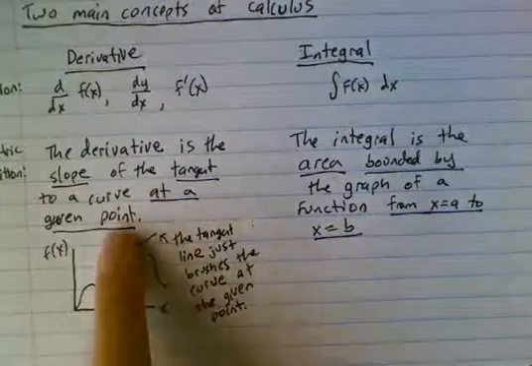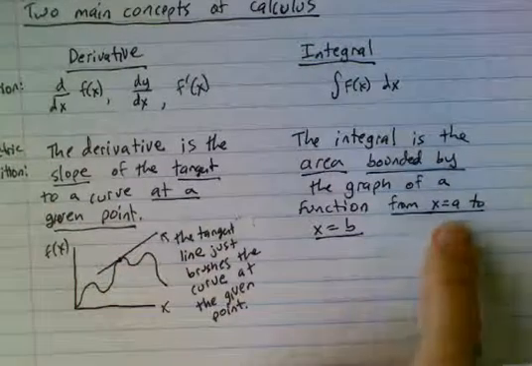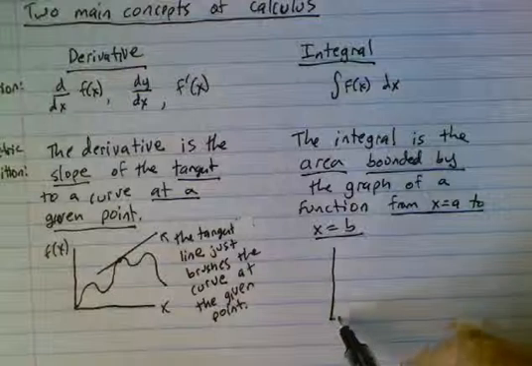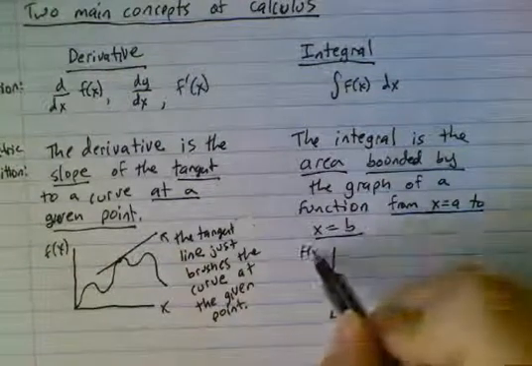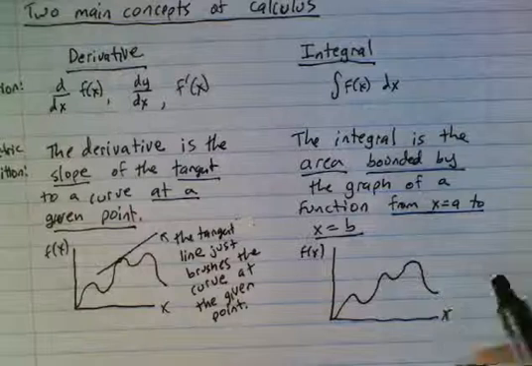Notice that the derivative is taking place at a point, whereas the integral is from one value of x to another. So, sketch that, x, f of x. We've got our little funky curvy shape.